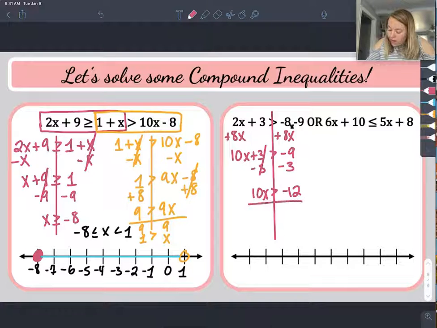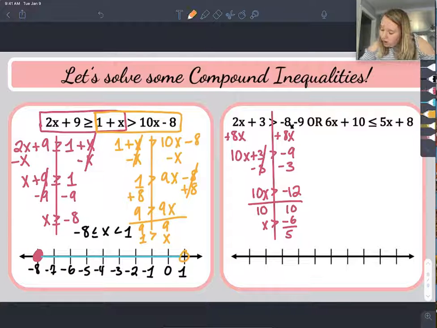Then we're going to divide everything by 10. And if you notice, we do get a fraction, totally fine. 12 and 10 are both divisible by 2, so I can rewrite this as negative 6/5, which is going to be slightly in between negative 1 and negative 2 to give you an idea, which is totally fine. We can graph a fraction.